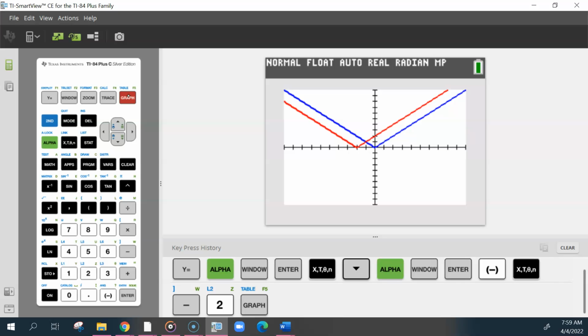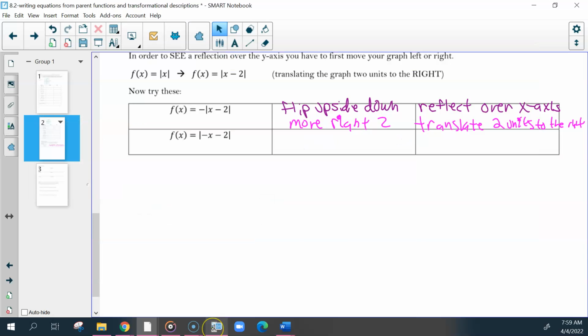But with the transformations that we put in, what really happened is it did move to the right 2, but then it flipped it over the y-axis. So it looks like it moved left 2. So we could say what it actually is supposed to be, and then we're going to change it a little bit because there are different ways this could be written.